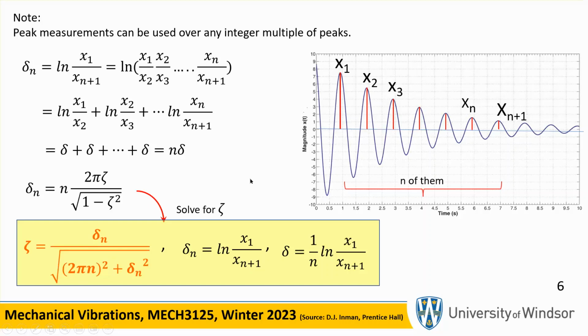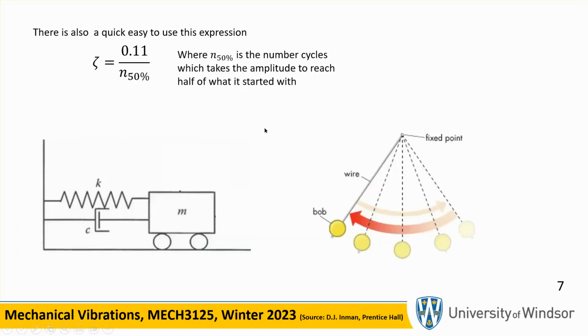Another thing that's obvious from this expression is that the logarithmic decrement is 1 over n times ln of the ratio, if you don't take consecutive peaks and you take between 1 and n plus 1. Find the ln of this ratio, and then multiply it by 1 over n if you're taking n segments.